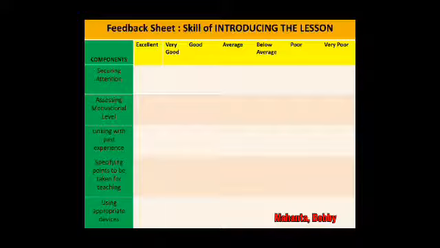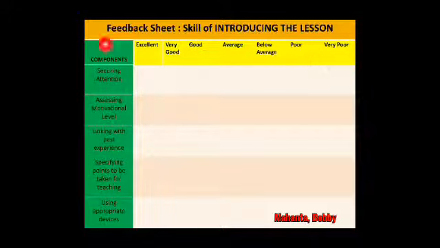So let us see the feedback format. This is the feedback format for the skill of introducing the lesson. Here you have the rating, which you mention as excellent, very good, good, average, below average, poor, very poor.